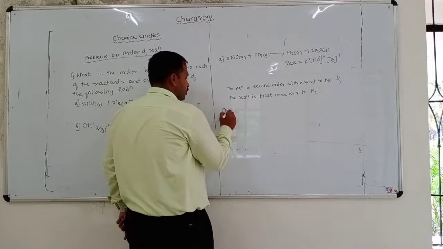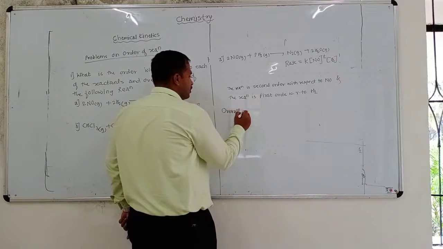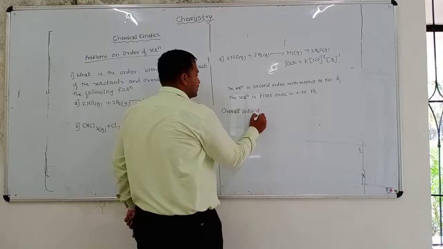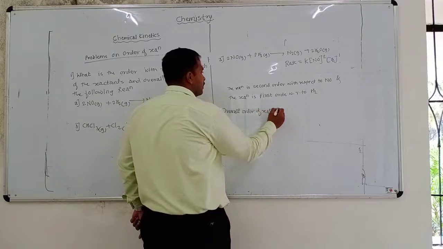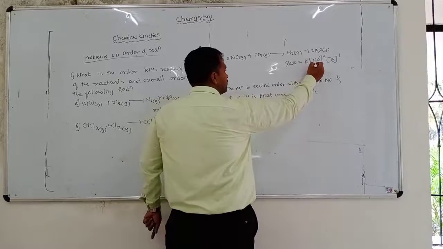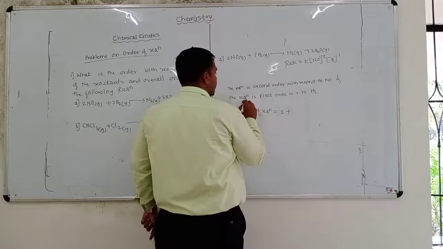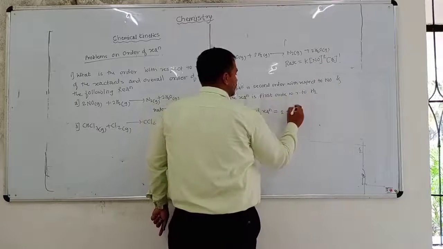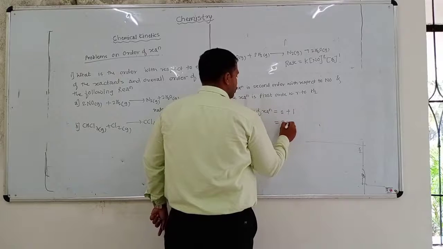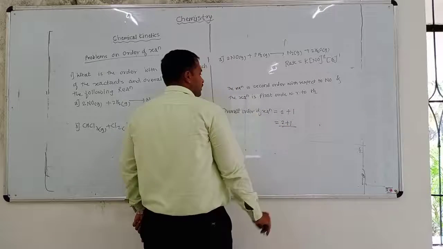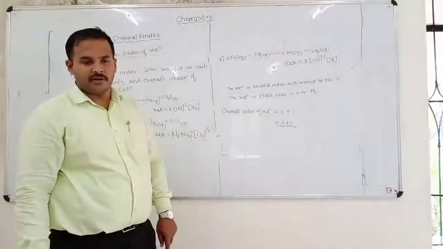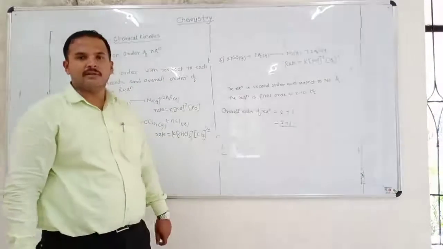Therefore, overall order of reaction is second order with respect to NO means 2, plus first order with respect to H2 means 1. 2 plus 1. The given reaction is a third order. The overall order of reaction is the third order.